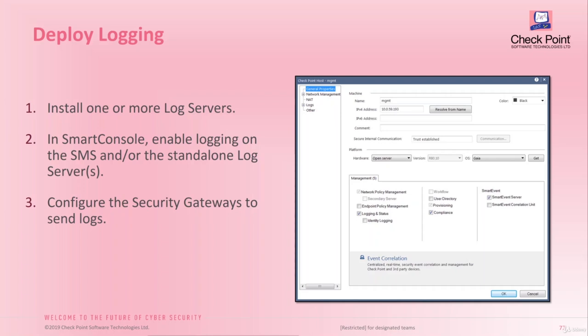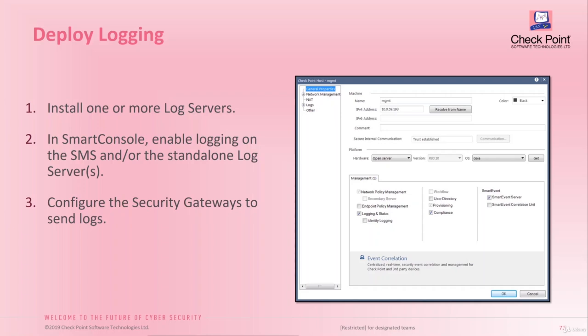Then you would create a Checkpoint object to represent that dedicated log server, establish SIC to that appliance, and then in the Checkpoint object that you created for that log server, you would select logging and status. And perhaps also you want it to handle SmartEvent processing. So you can select the SmartEvent components.